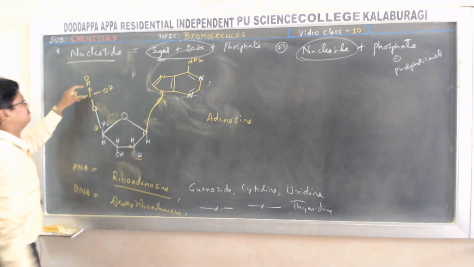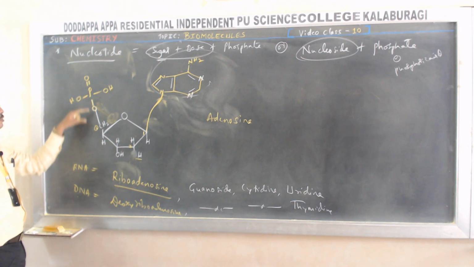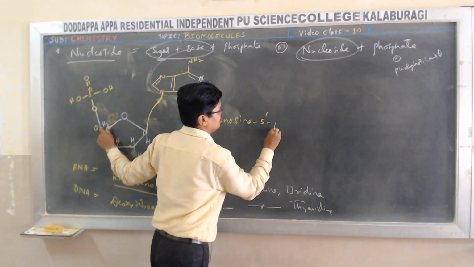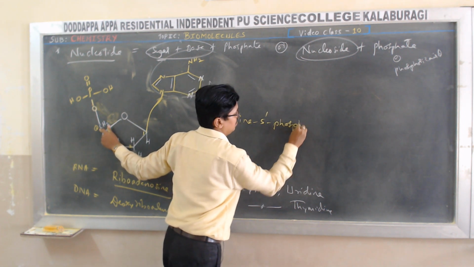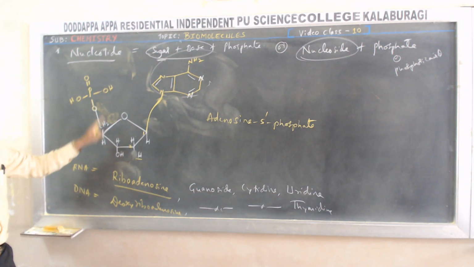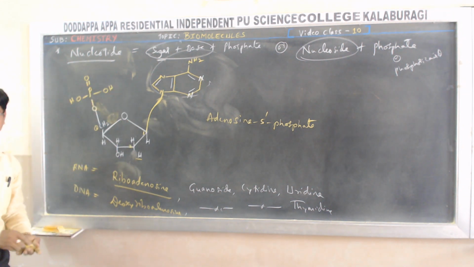Adenosine, where this phosphate group is linked to the fifth carbon. So adenosine 5-phosphate. This is the name of the nucleotide, this structure: adenosine 5-phosphate.